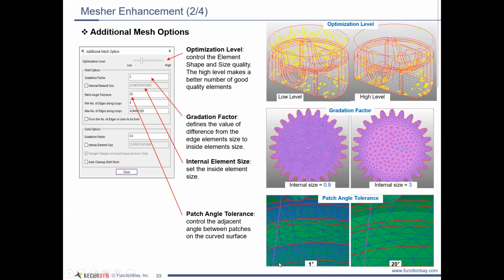So you can see if we set this angle down to 1%, we're getting a really dense mesh, and big differences between the patches. If we set it to 20%, then we're getting more uniform and larger elements. So depending on your geometry, this patch angle tolerance can be something that you can use to get the mesh to have element sizing and distributions the way you would like it to be.